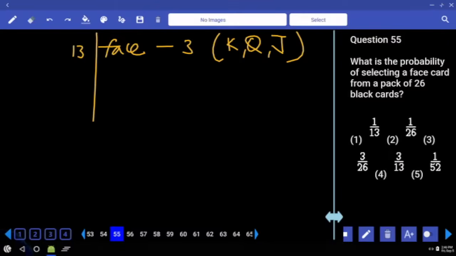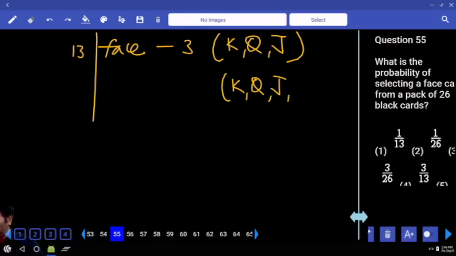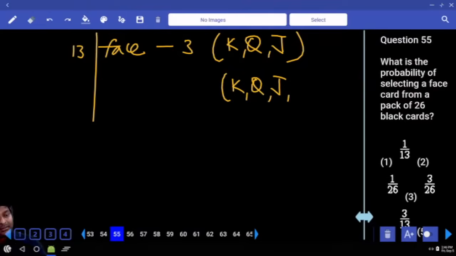Remaining cards are called numbered cards. No. Remaining cards are not called numbered cards. These 4 cards are called, anybody knows? Honor cards.